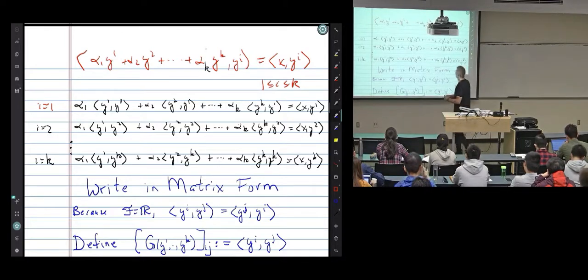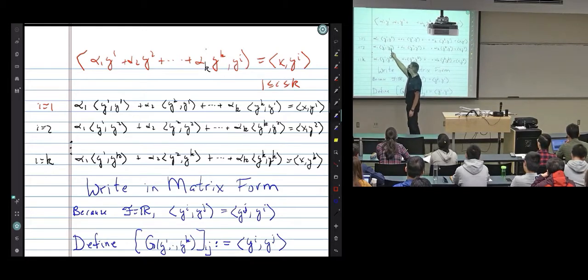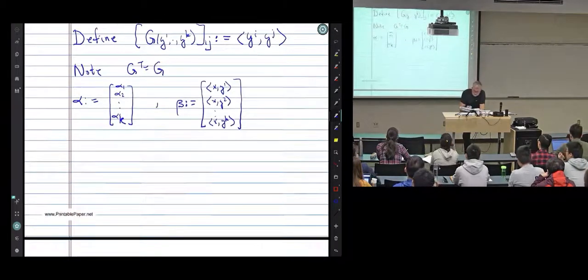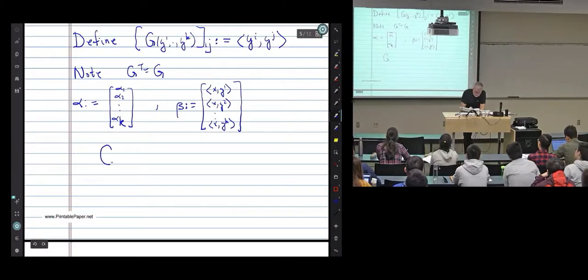Now, technically, notice G21 is the inner product of Y2 and Y1, so it's technically G transpose, but G is symmetric, so it doesn't matter, okay? So I'll still write it as this, okay? G transpose alpha equals beta.